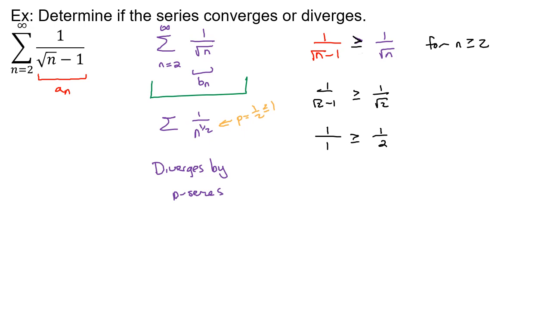Since that diverges, and my inequality says my a sub n is bigger than my b sub n, those two things together imply that my original series that I was working with also diverges by comparison, comparing to the one with the minus 1 taken off. So this series actually diverges by comparison.